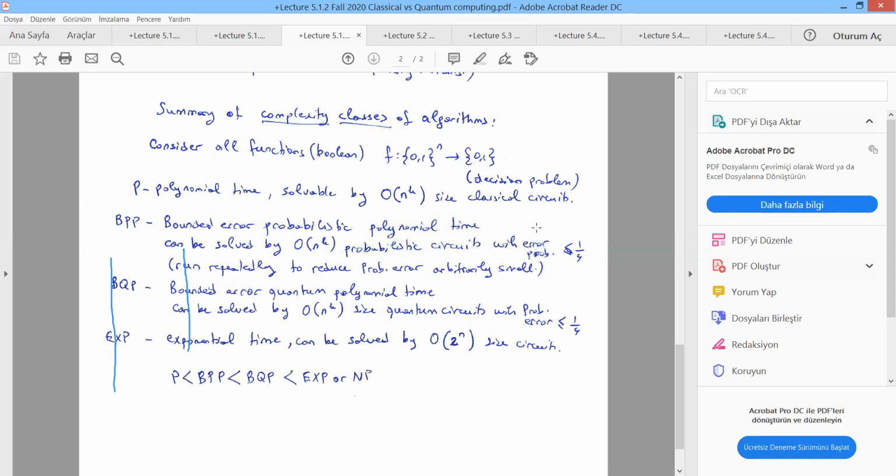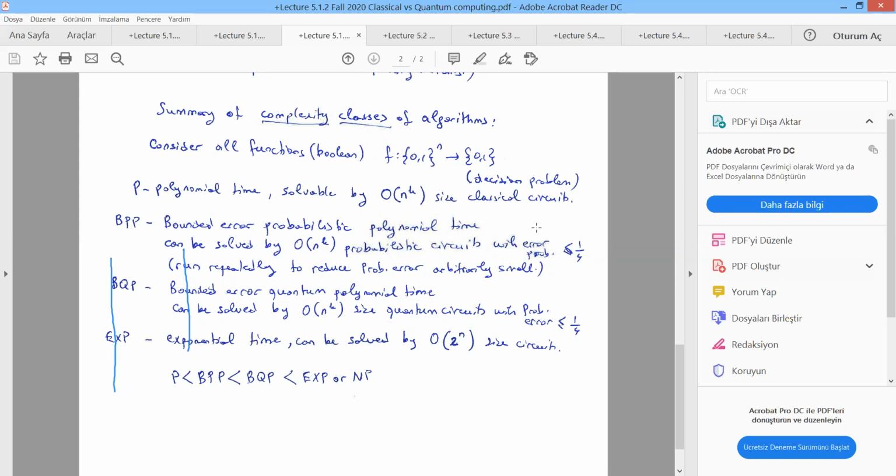Another class now refers to quantum computations, the BQP class. These are the quantum computation algorithms with bounded error and quantum polynomial time.